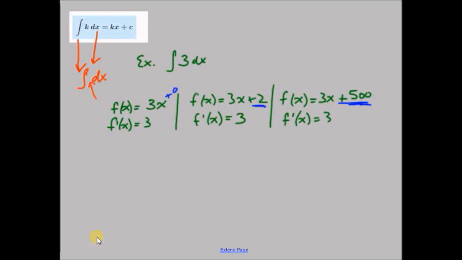Whatever that constant number is doesn't matter, because when we differentiate it, we just get 3. So going the other direction, we know then that the integral of 3 must be 3x plus some other number, and we're going to call that number c. We don't know what that other number is.